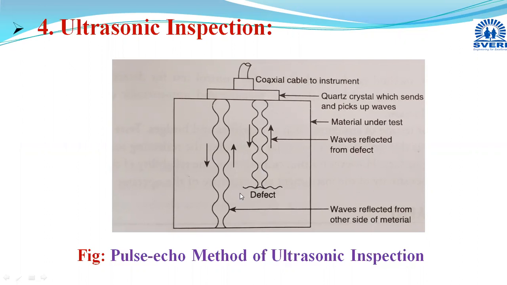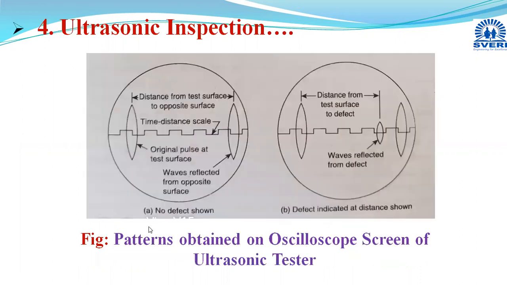Now these two patterns are collected for this wave. For this ultrasonic pulse, we will get this kind of pattern on the CRO screen, the pattern obtained on the oscilloscope screen of this ultrasonic testing method.